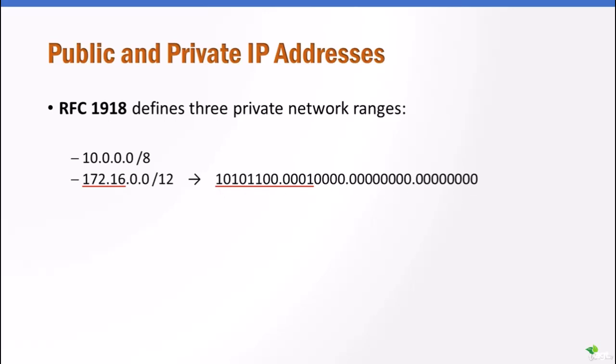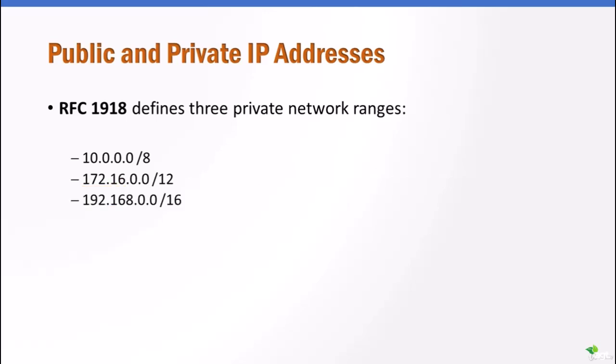So the first 12 bits of this IP address represent the network portion. So this range actually ranges from 172.16.0.0 to 172.31.255.255. So you can calculate that based on what we've learned so far and check if I'm right. But that's it. That's the second private network range.